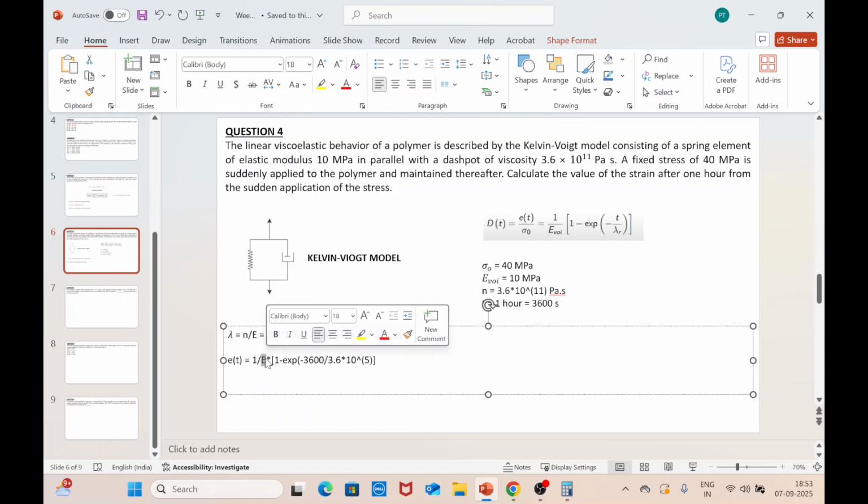Now your E value we know, so I'm just going to write it as 10 to the power 6.